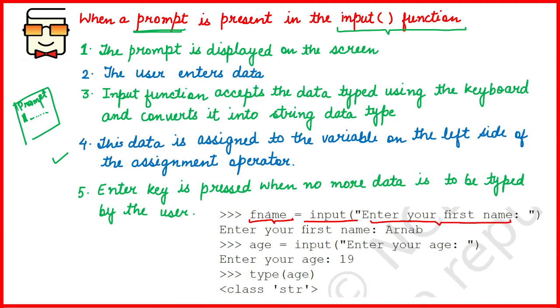Okay, so when you type in this particular command in your program, what will be displayed on the screen? The prompt statement is displayed first, and then what will happen? See, as soon as you type in this, there will be a cursor, and once the user types in the input, say the user has typed in the input Arnab, then what will happen?